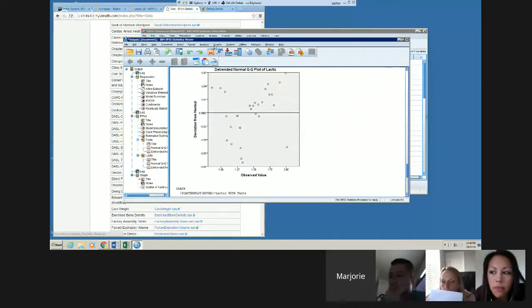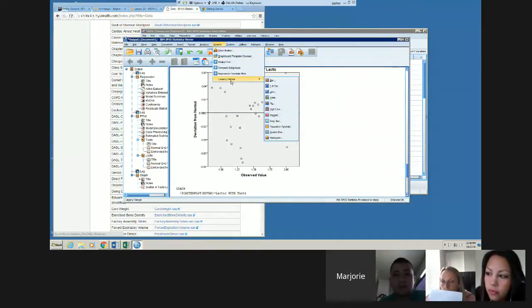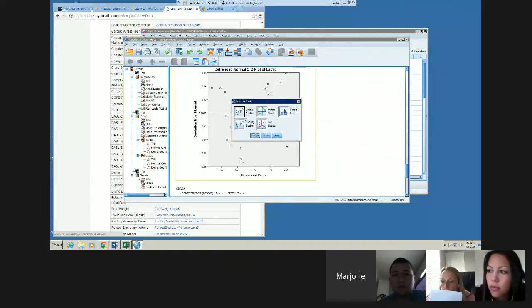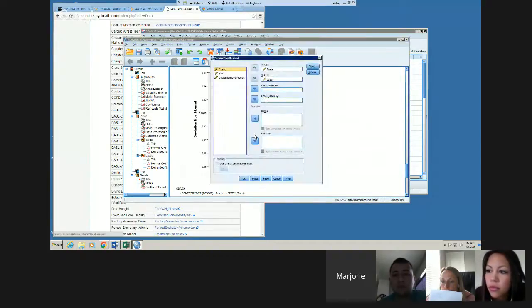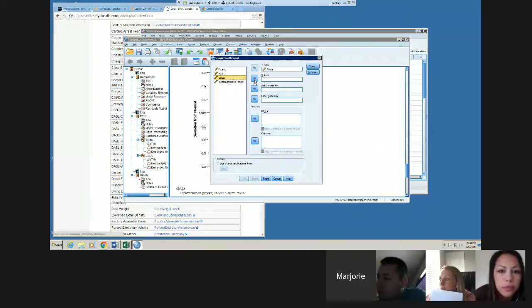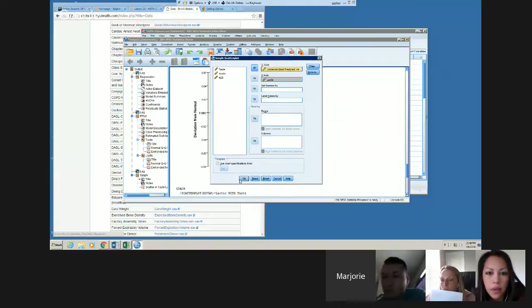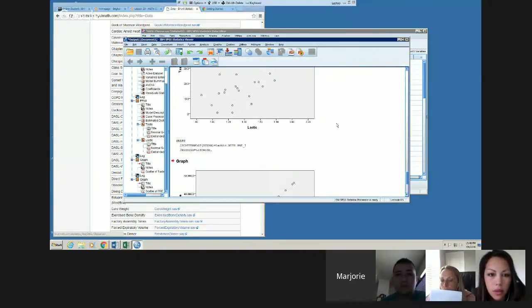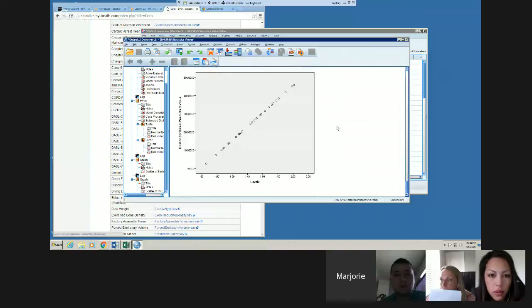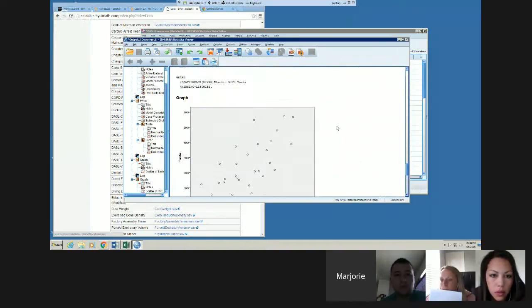Okay, and then if I do the same thing, but pull over unstandardized instead of taste. Oh no, wait, that's supposed to be there. That doesn't look right.